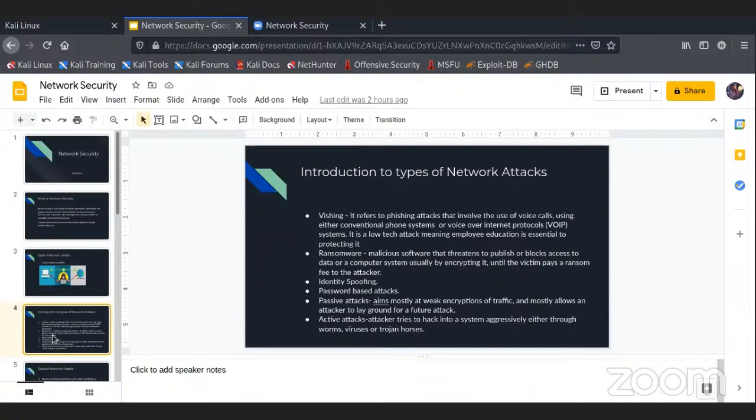There's ransomware, which threatens to publish or block access to data of a computer system by encrypting it until the victim pays the attacker. There's spoofing, there's password-based attacks.